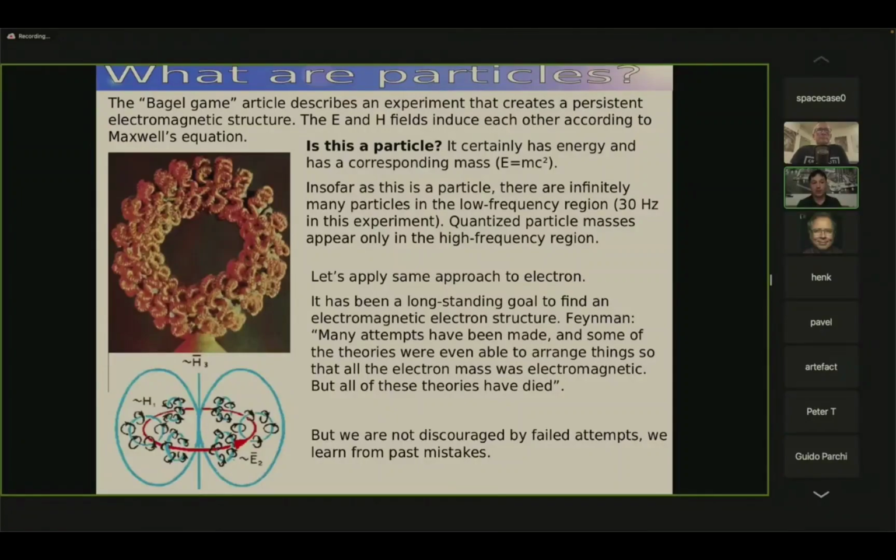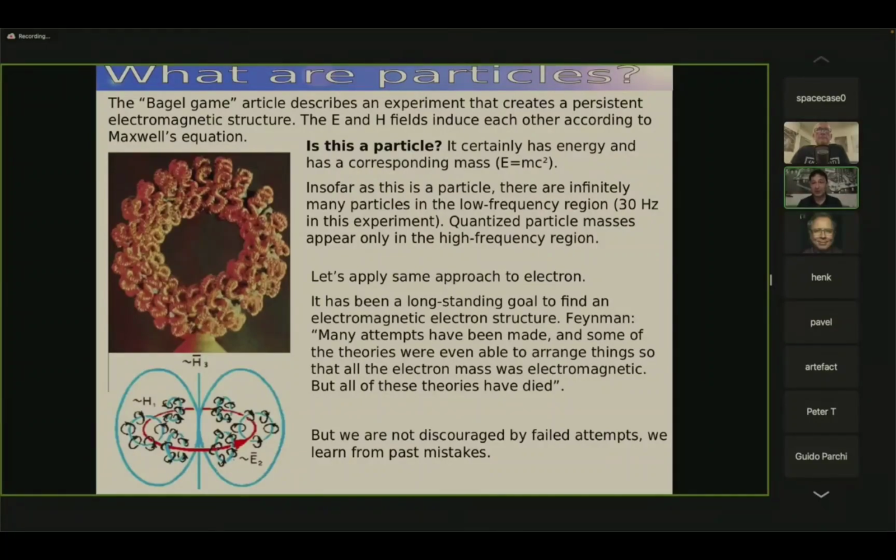And by applying AC current into that interestingly coiled multi-torus wire, one gets this electromagnetic field configuration illustrated at the bottom left. In this configuration, electric and magnetic fields induce each other in an interesting way. And this induction is persistent, so that if you turn off the current source, there is a persistent electromagnetic field that stays there.